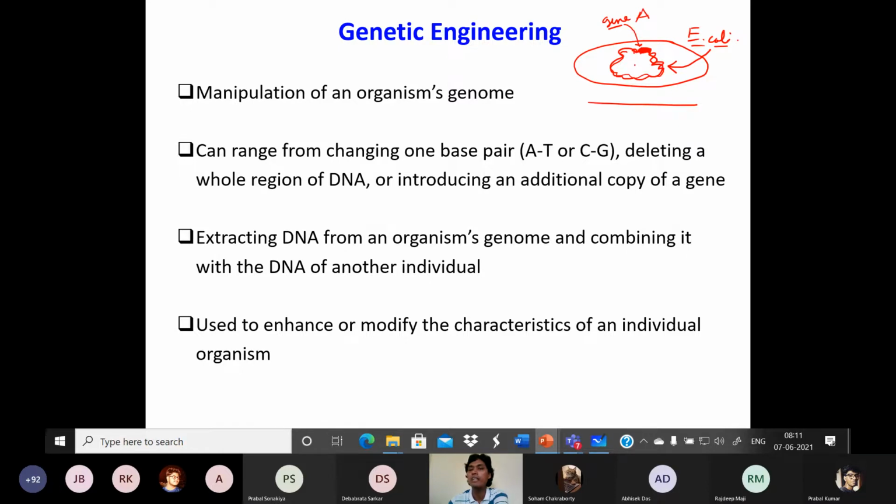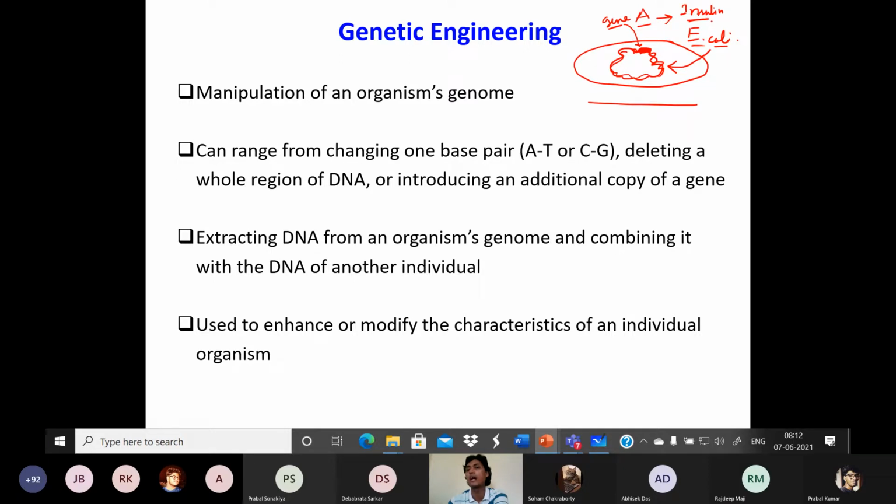Now, you are not happy with your wild type, that means what is naturally available, this gene A. Say that gene A, when present in human, makes insulin. Just as an example. All of you know that from whatever DNA or gene is present you get mRNA, and from mRNA you get protein.